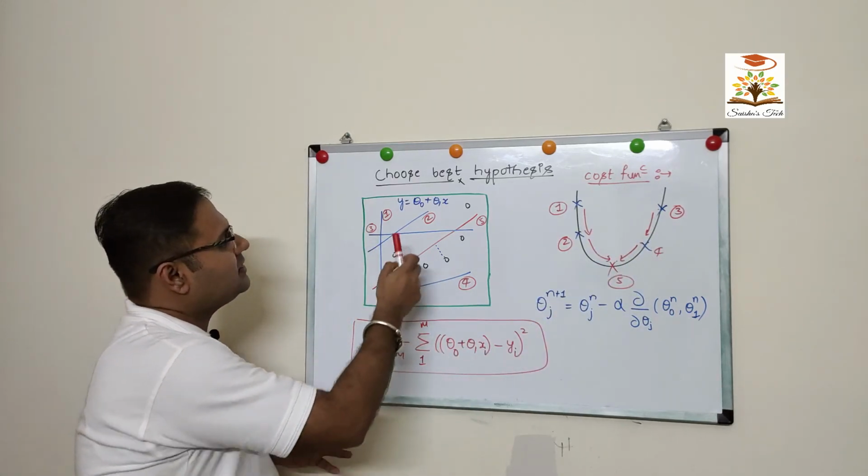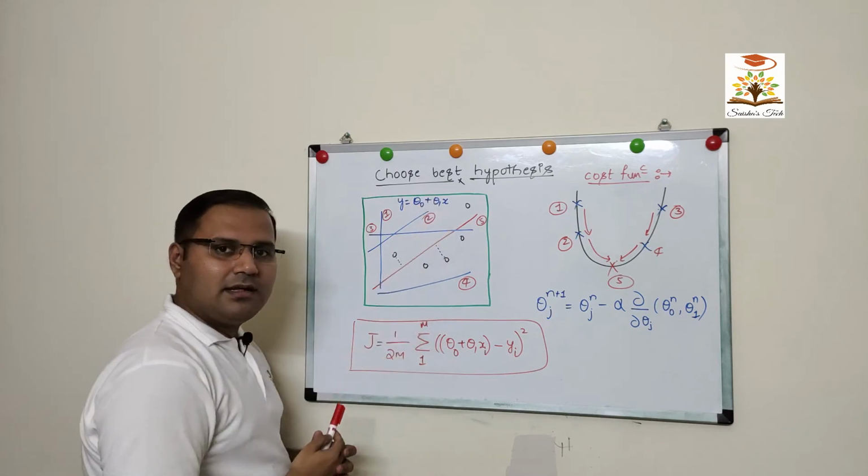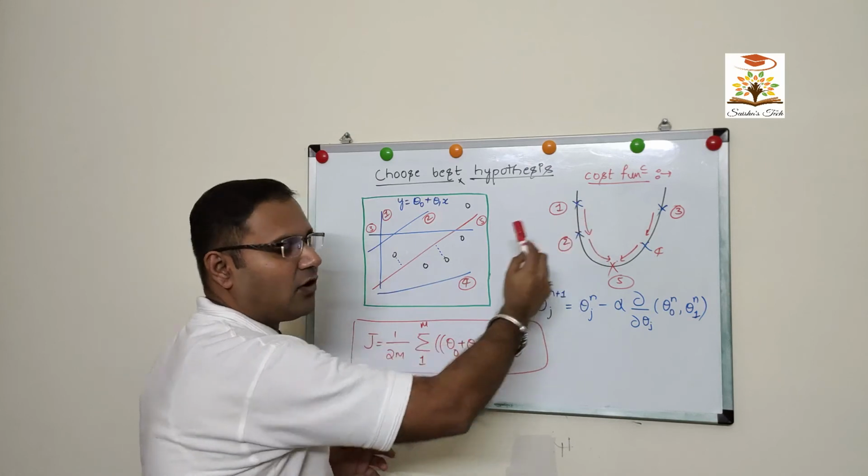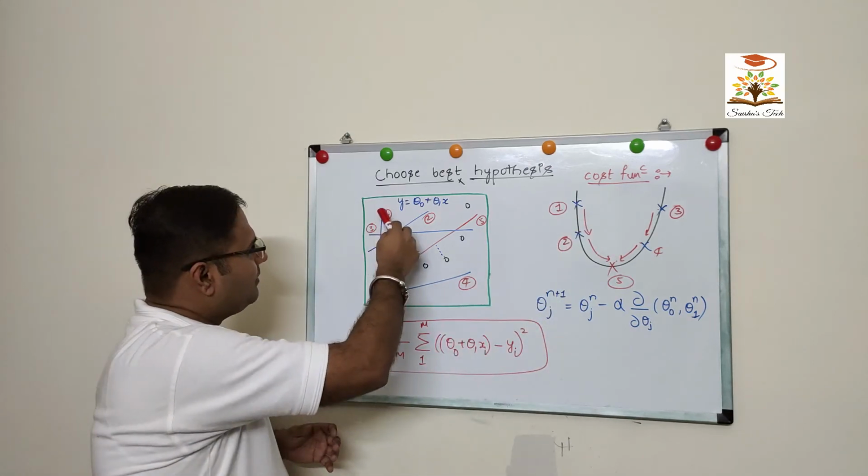Now, let us consider a θ0 and θ1 value, which is represented as this point on the cost function and this hypothesis line.